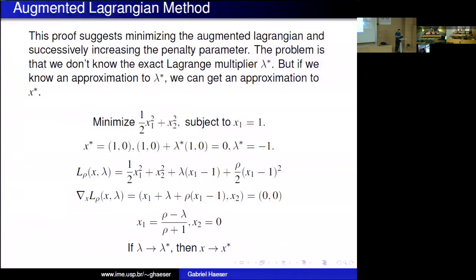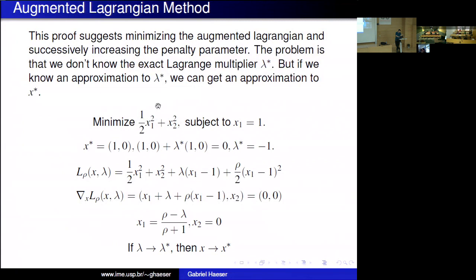And let's look at an example here. But the problem is that this works if I plug into the Lagrangian function the correct multipliers. I don't know the correct multipliers at this solution. But let's look at what happens in an example.